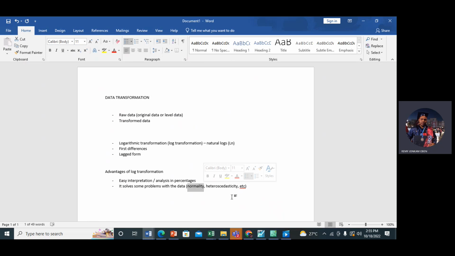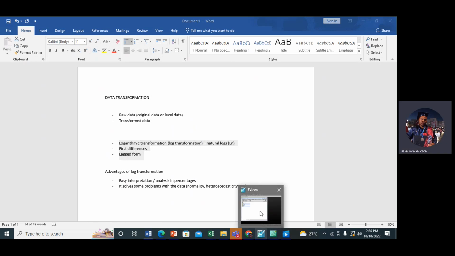These are two uses of taking logs. There are many other uses, but these are the main ones. Again, our data can be in raw form, or we can transform the data. We are going to see these three types of transformation. The first one I'm going to show you is log transformation.